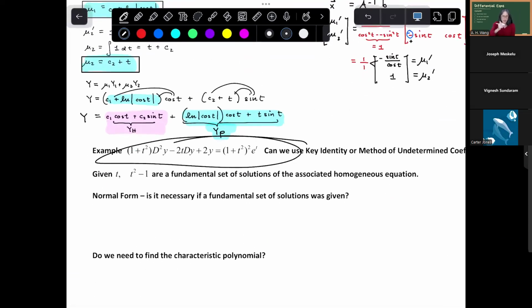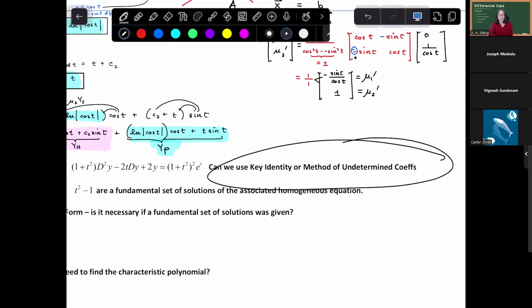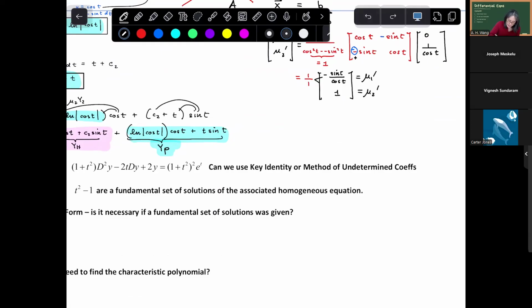Whenever you're doing these, you always ask yourself, can I use key identity or method of undetermined coefficients? So you say, number one, this is L of t, y equals 1 plus t squared, e to the t.